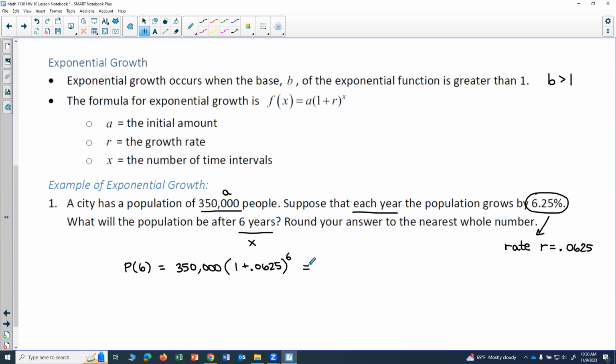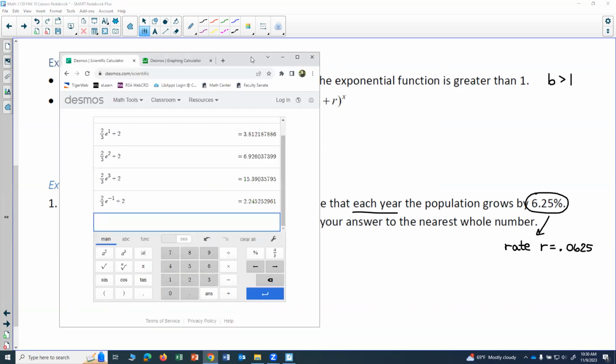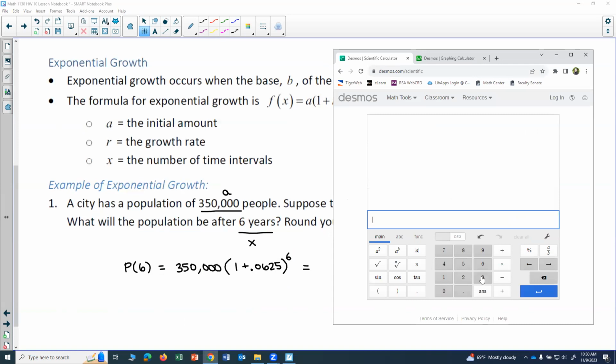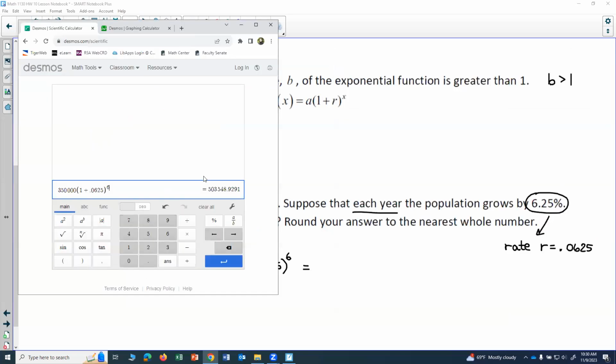And I just have to put that into a calculator and I've got my answer. So I'll put in my 350,000 people, parentheses, 1 plus 0.0625, close the parentheses, raise that to an exponent of 6, and we've got our answer. So we've got 503,548.8.